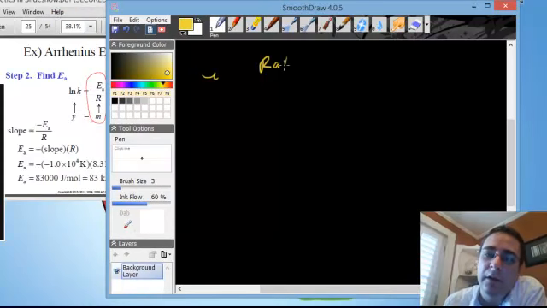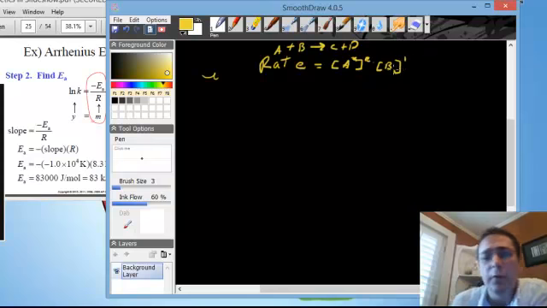So back to what we were talking about. If you have an equation that looks like this, A plus B yields C plus D, and you decide that the rate law for this is A squared, A second order, times B first order, and it's third order overall.